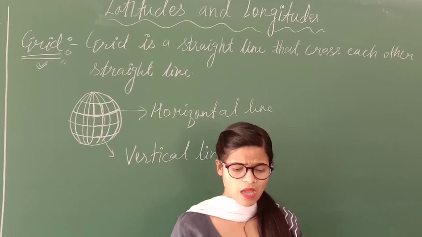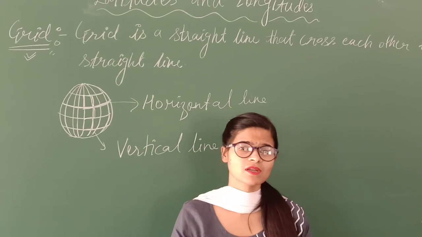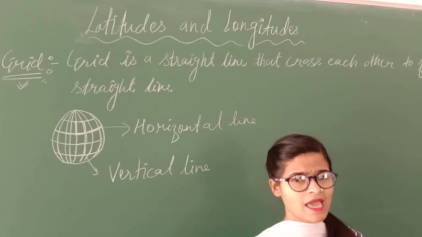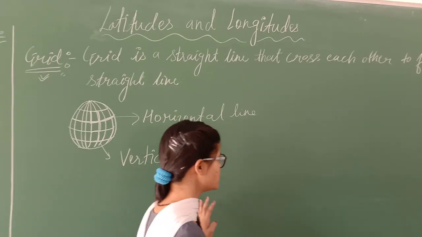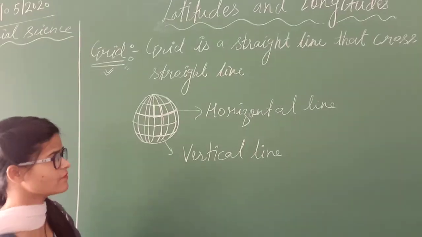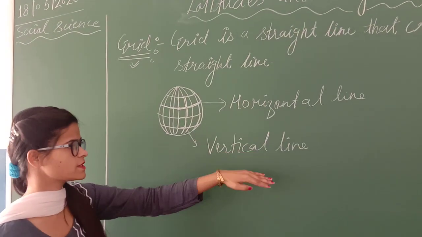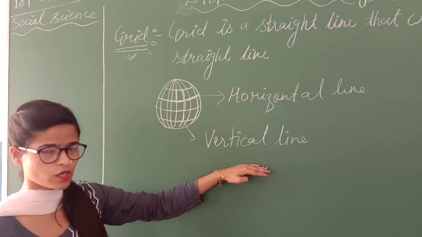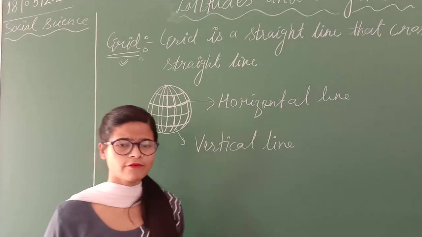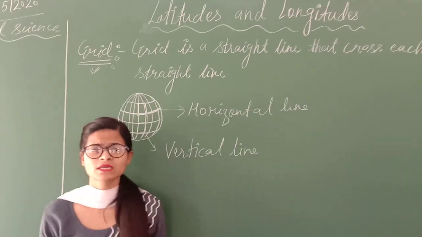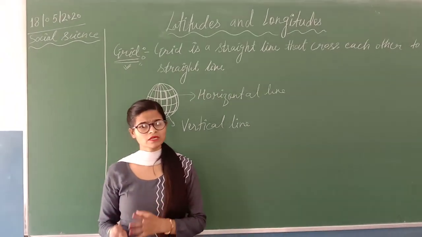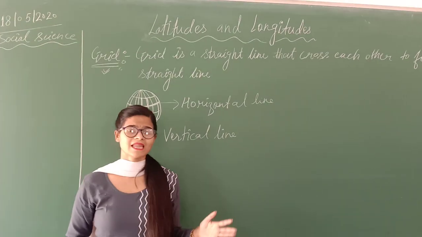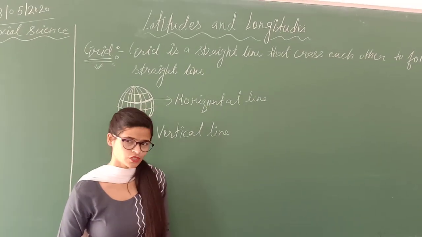So how is this grid related to latitudes and longitudes? This is what we are going to study. As I have already told you, horizontal lines and vertical lines cover our earth. These horizontal and vertical lines are called latitudes and longitudes.